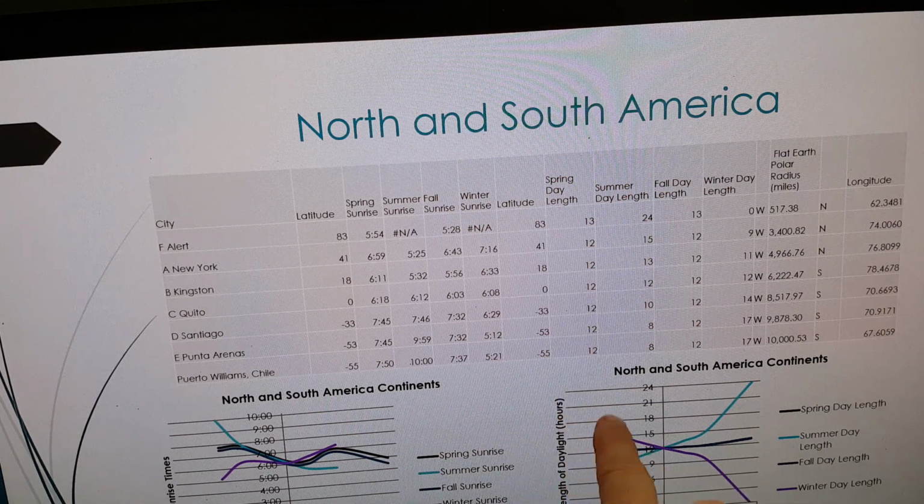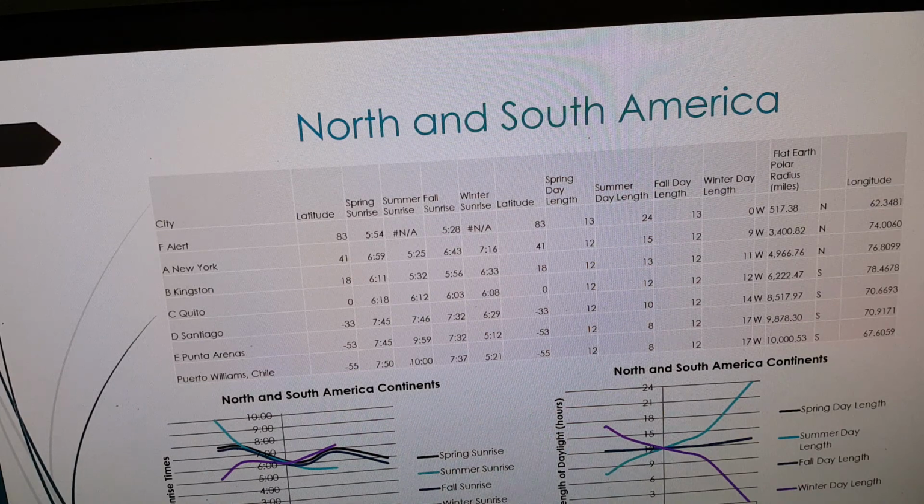And then in the north latitudes, the day length gets very short. And in fact, down here by Puerto Williams, day length is almost zero. So even in South America, you have a 24-hour night.